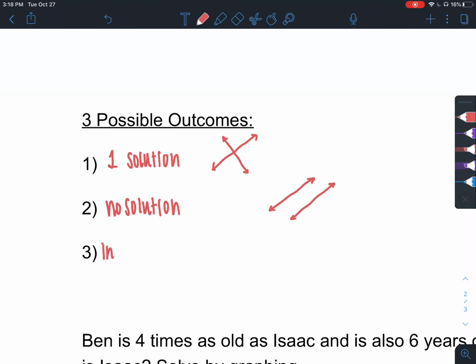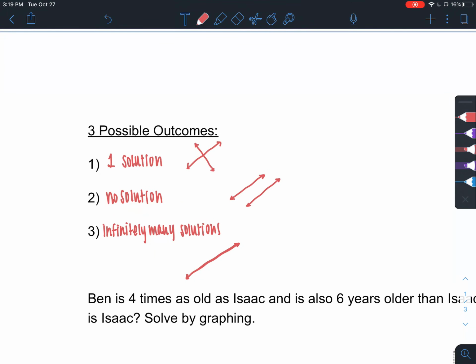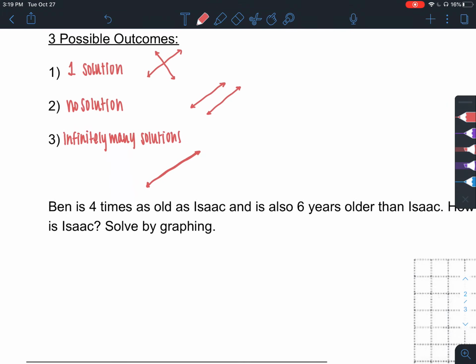Or you could have infinitely many solutions. And that's when the lines are together. It's hard to kind of represent.